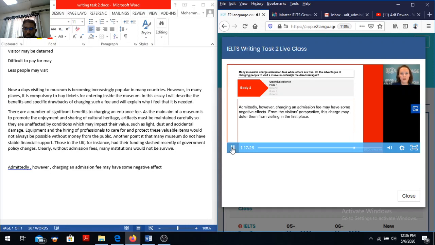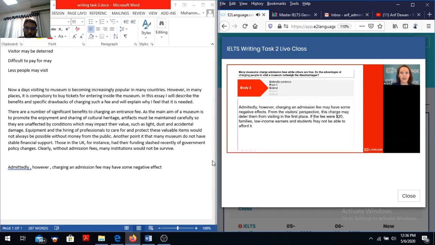First point, from the visitor's perspective, this charge may deter them from visiting in the first place. So, negative effects from the visitor's perspective.